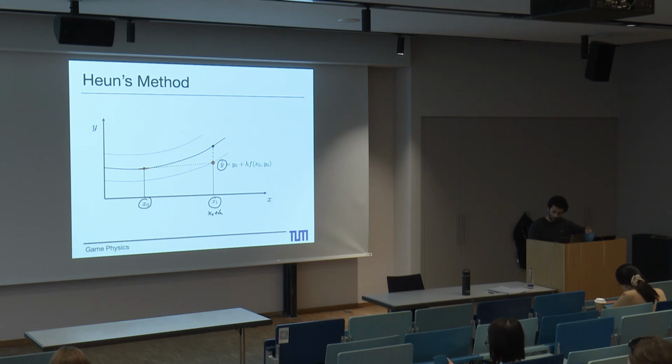What we do is that we then use this information to compute the slope also in that point, and by averaging the value of the orange slope and of the green slope, so the slope at y0 and the slope at y tilde, we get a better estimation of the value.